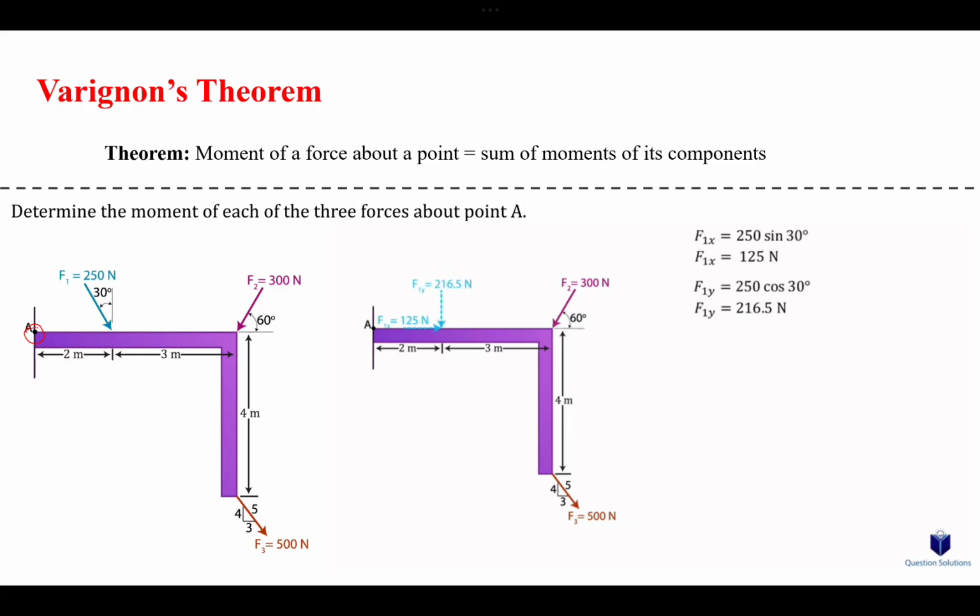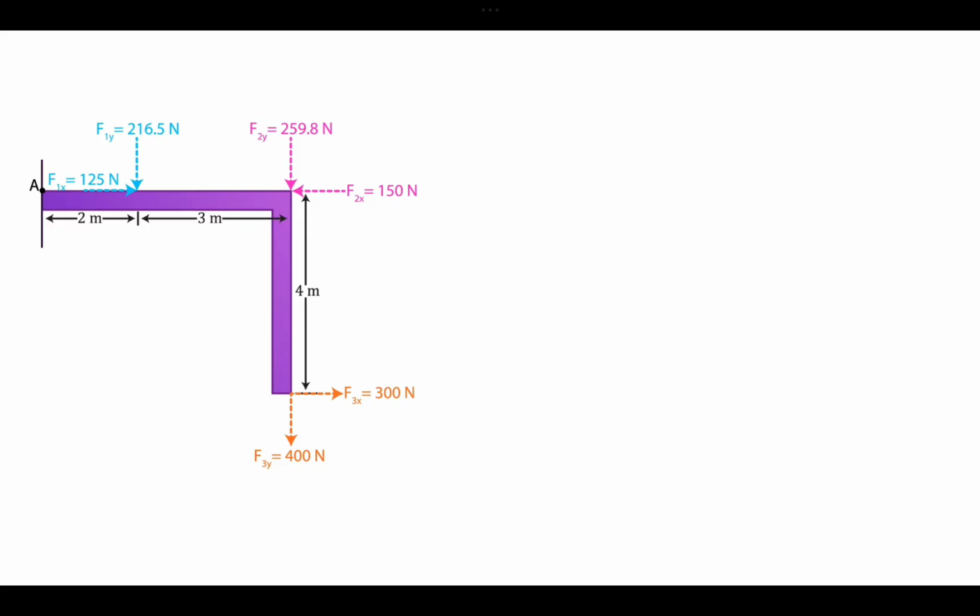In this case, if you look at F1x, the line of action of this force is like this, and it is passing exactly through point A. And F2x has the same line of action, also passing exactly through point A. So these two forces will have no moments, because their line of action passes through point A, and the moment for them is 0, because there is no perpendicular distance between the point of rotation and the line of action of these two forces.